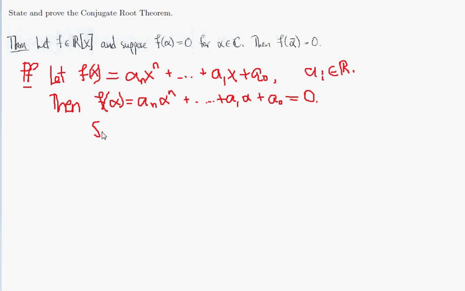So that means if I take the conjugate of both sides, the two conjugates are also equal. So a sub n alpha to the n plus dot dot dot plus a sub 1 times alpha plus a sub 0, if I take the conjugate of the left-hand side, that's equal to the conjugate of the right-hand side, which is 0 plus 0i.